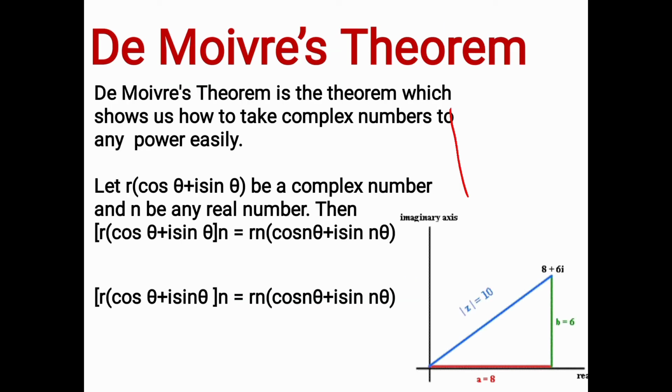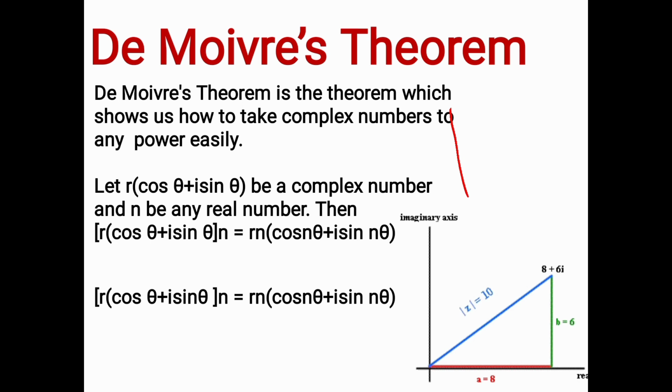Next, a very important theorem. There are a few applications according to your syllabus, but in higher cases this theorem is very important. Example: let z equal r cos theta plus i r sin theta, that is the polar form of a complex number.